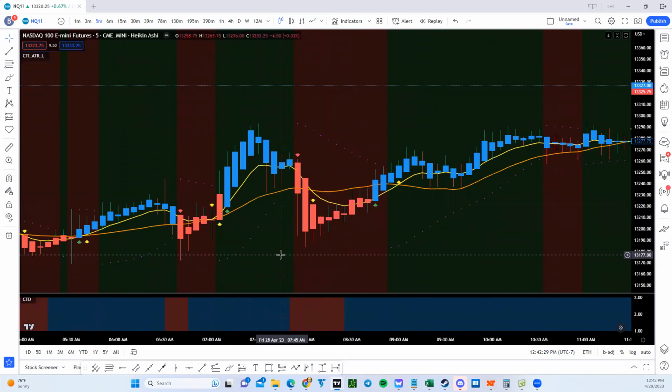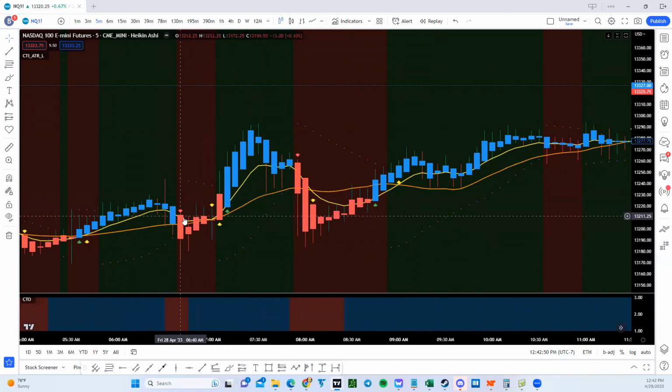Now, again, this is where combining multiple things together is inherently important. So we have the cross, and this little arrow here represents a cross. I couldn't figure out how to program it to be directly at the cross. So the arrow, again, a down arrow for a cross down.